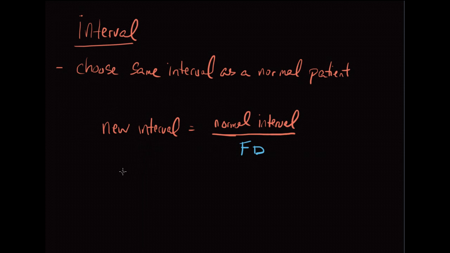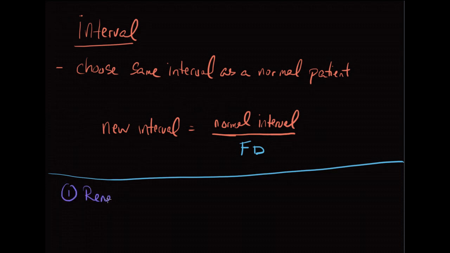So let's just recap what we've learned. We have done renal function. That was the first step. Then we went on to the loading dose. That was the second step. Then we calculated the maintenance dose.